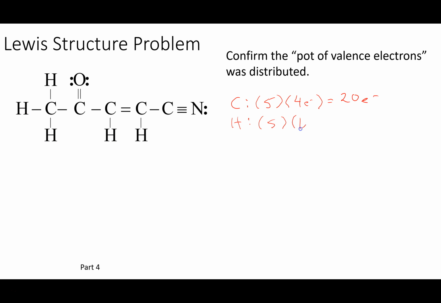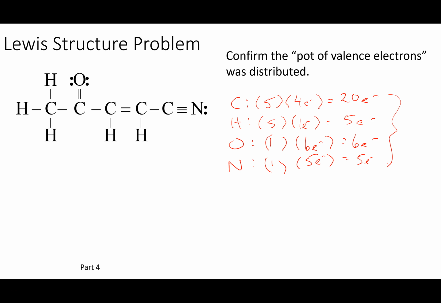You told me 1 valence electron, 5 electrons. Oxygen, there's just 1 oxygen atom. It's 6A, so it's 6 valence electrons. 1 nitrogen. How many valence electrons for nitrogen? 5. Yep. 5A, 5 electrons.